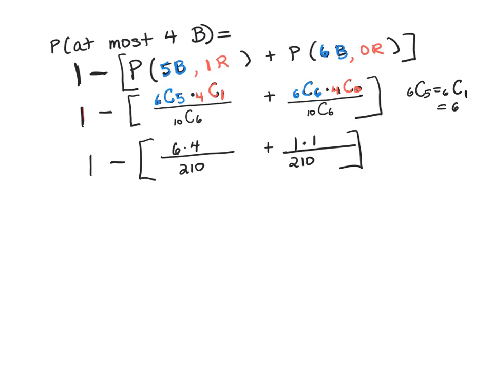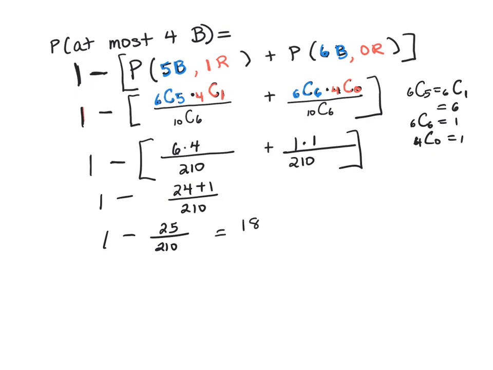In the same way, 6C6 is equal to 1, and 4C0 is equal to 1 as well. So when we substitute this, we get 1 minus 24 plus 1 divided by 210. So that's 1 minus 25 over 210. And using the math, we should get 185 over 210, which is exactly what we obtained the other way.